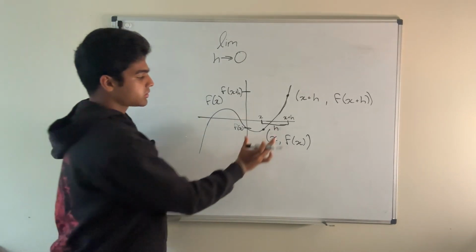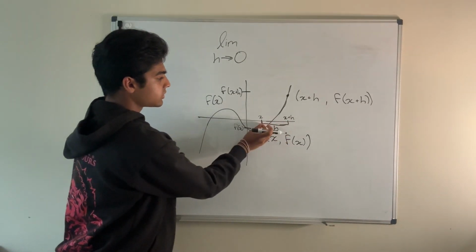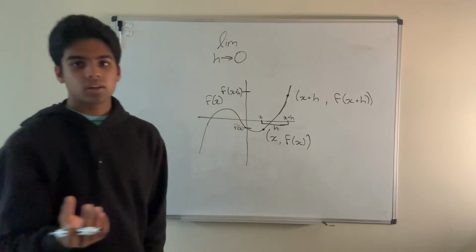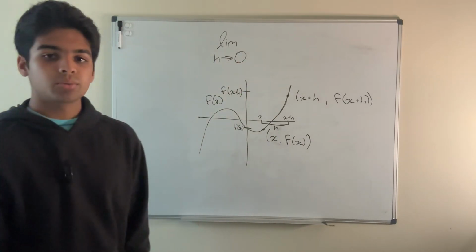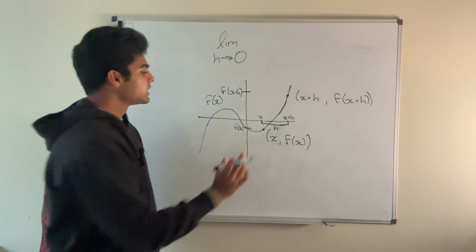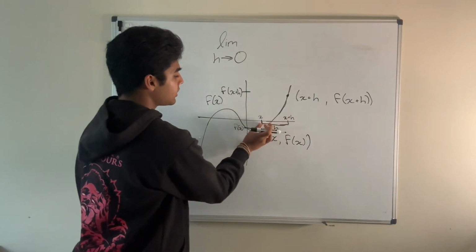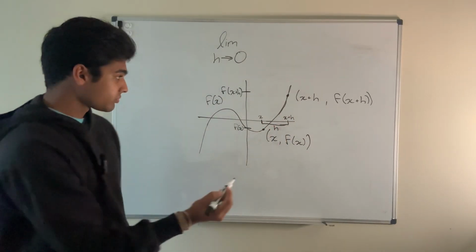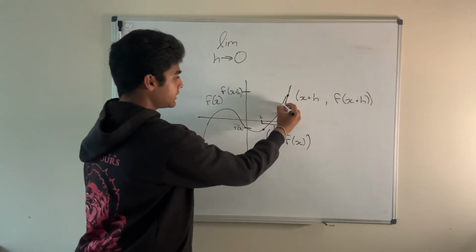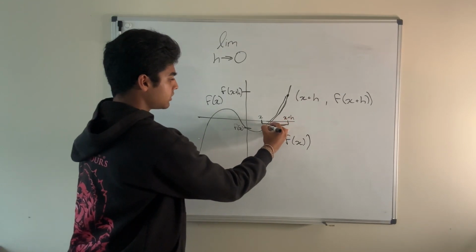And that would make it so that this distance is 0. Well, it approaches 0, so it's not exactly 0, but it gets infinitely close to 0. So as this gets infinitely close to 0, these points get even closer together. This point is going to get even closer to this point right here.